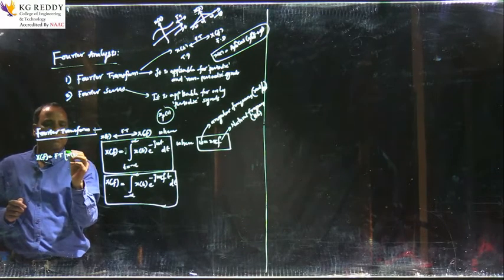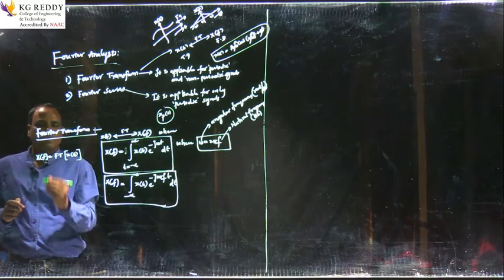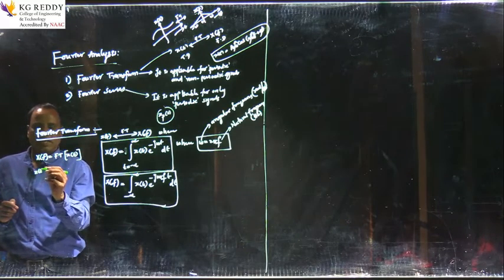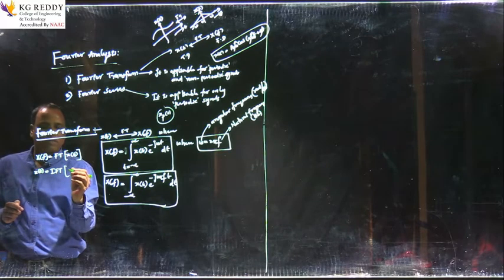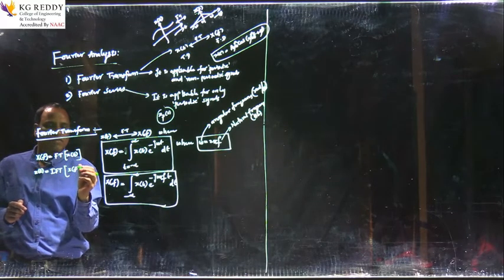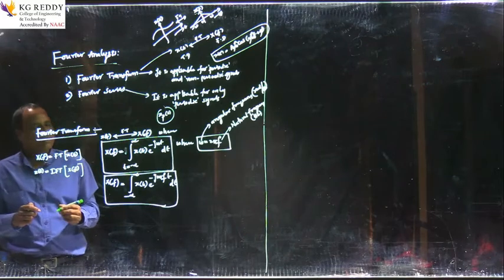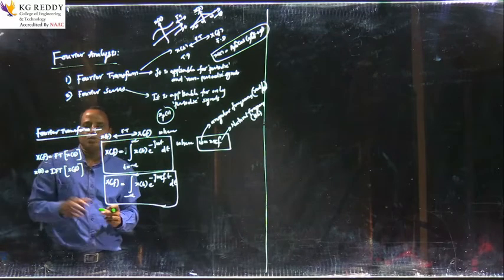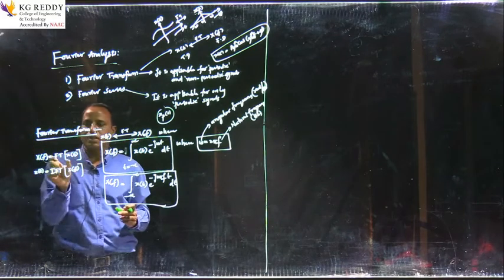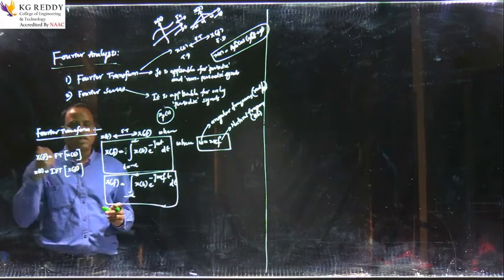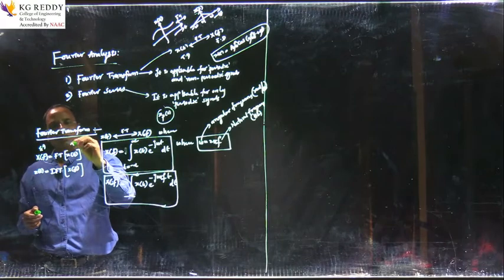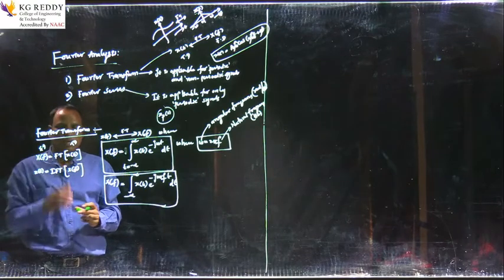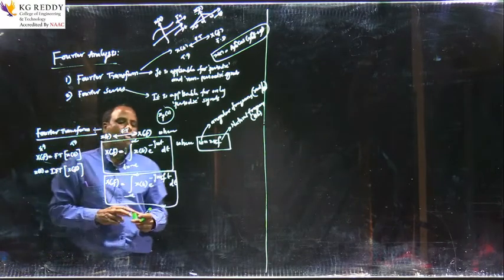Similarly, x of t is nothing but the inverse Fourier transform, IFT, of x of f. So either way, to get x of f from x of t, we apply the Fourier transform on x of t. Now this is the frequency domain and this is the time domain. So we are trying to convert a time domain signal to a frequency domain signal with the help of the Fourier transform.